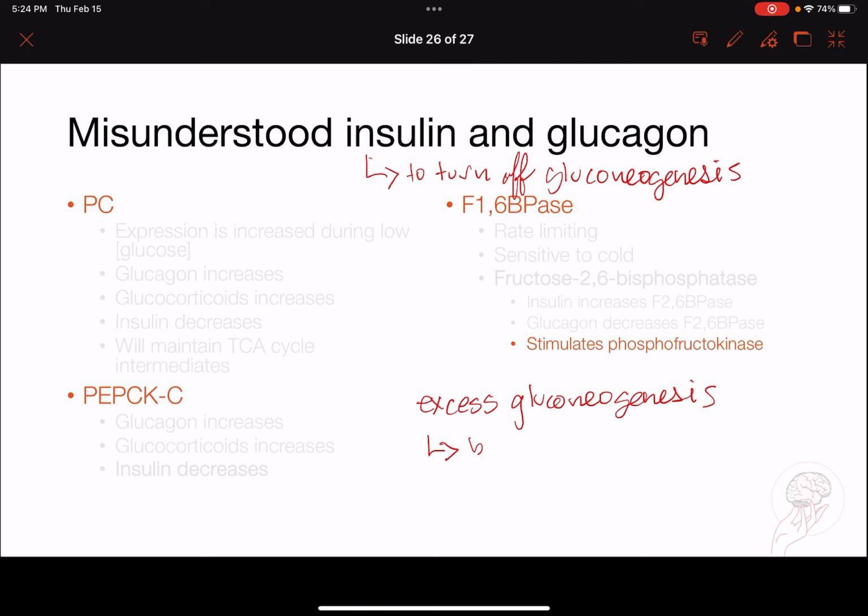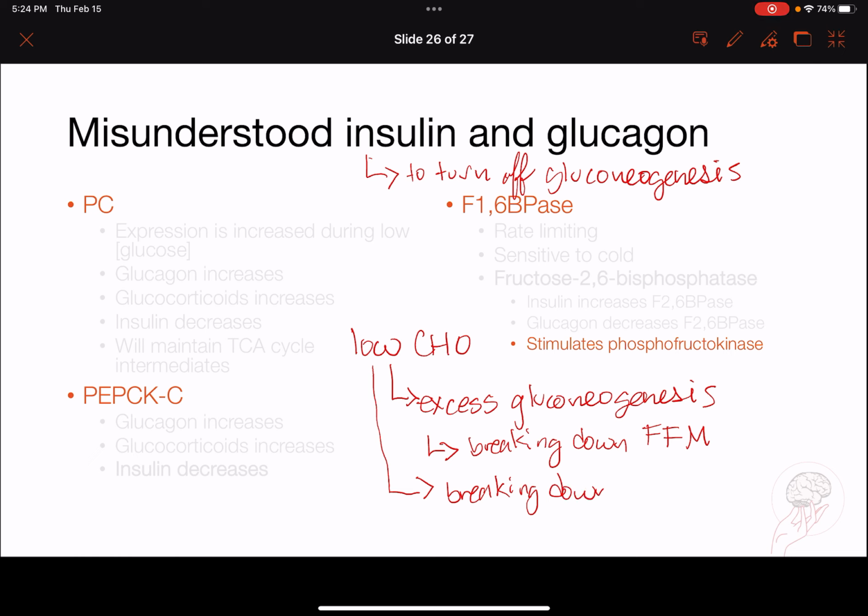That means we're breaking down fat-free mass. It also means we're breaking down our glycogen. And so body weight loss is really water loss and muscle loss.